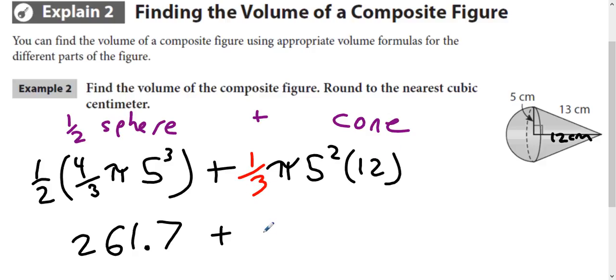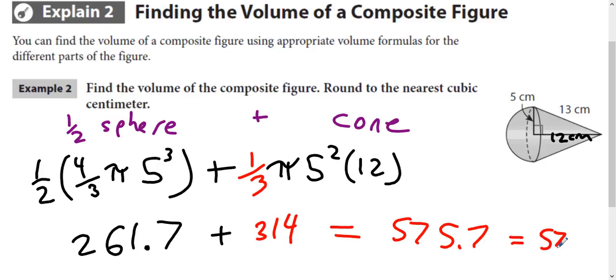So divided by 3, after you multiply that all out, you get 314. So add to get your total volume, 575.7. Rounded to the nearest cubic centimeter would just be 576.